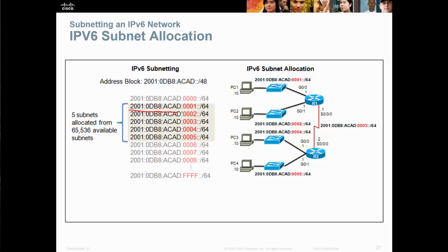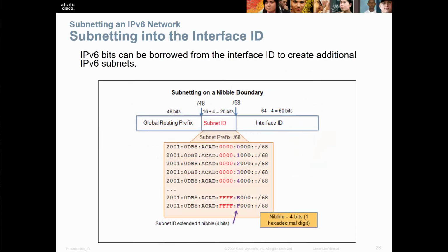Even though the first hextets are staying the same, the fourth hextet is changing. That's how we're separating our network ranges. And here we're changing this one all the way to F. So we're incrementing by 1 hexadecimal digit, which is actually 4 real bits.